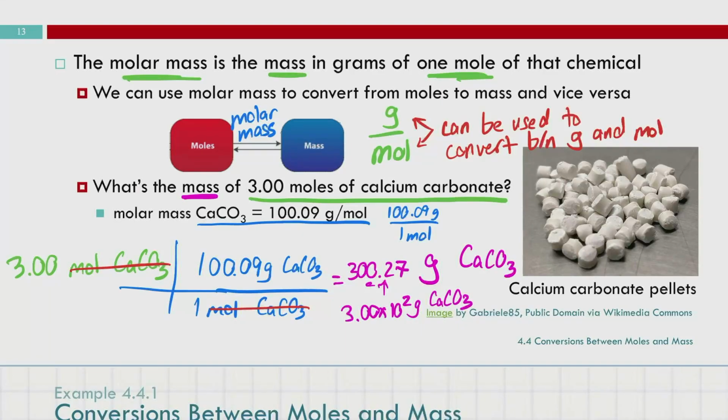As a general rule, you're expected to be able to come up with the molar mass for a chemical compound. I will occasionally be nice on exams and give you the molar mass just to save your brain power, since there are 50 questions. But like this, what's the mass of 3.00 moles of calcium carbonate?